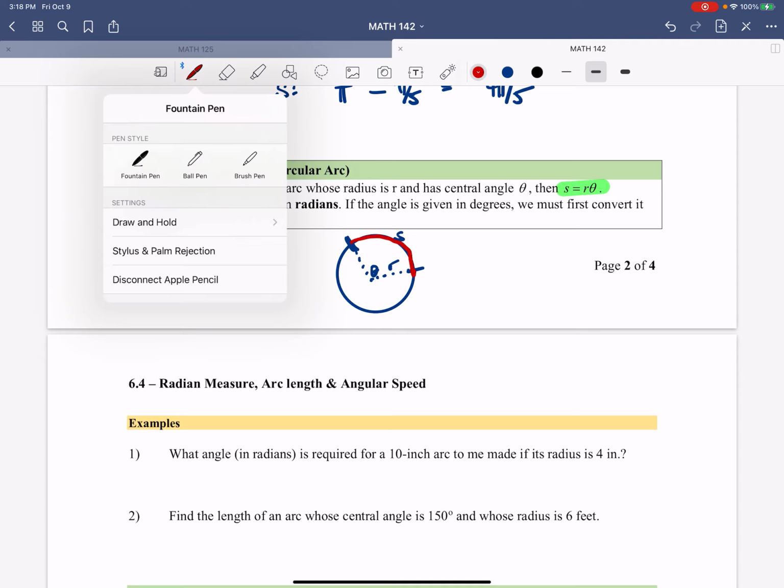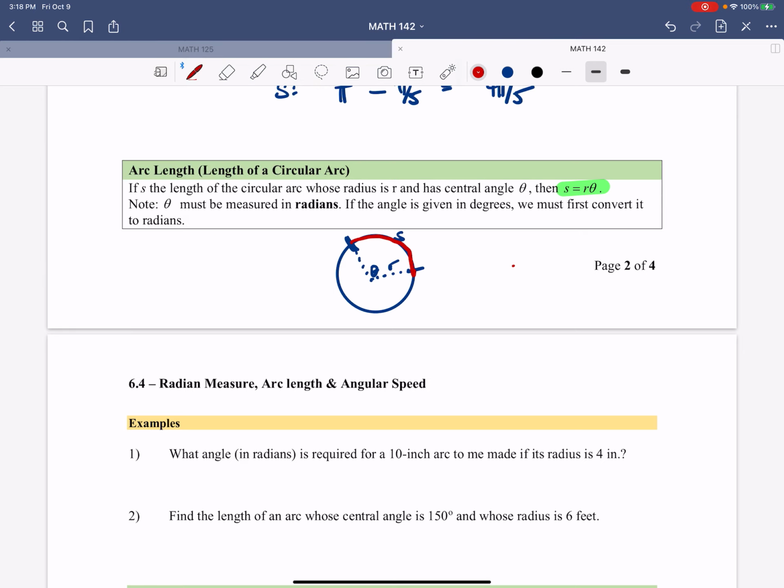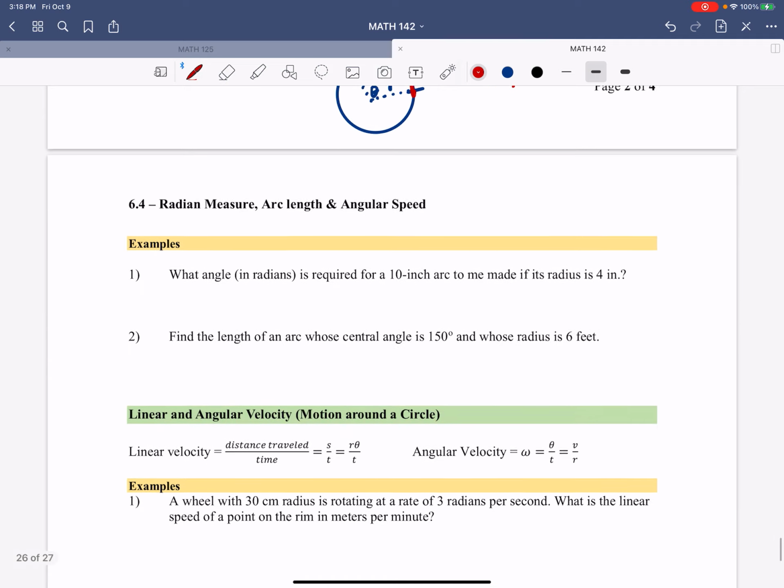The important thing to remember is that the angle has to be in radians. That is the direct link between radius and length. So if we're given an angle in degrees, we have to convert it to radians before finding the length. Otherwise, it's going to look like a really weird answer.